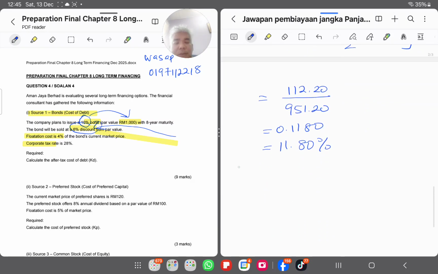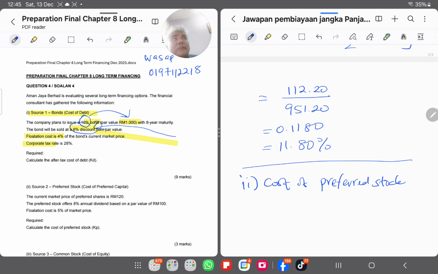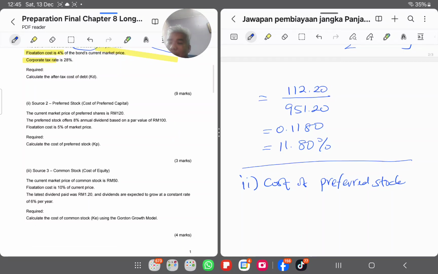And then we proceed to cost of preferred stock. Cost of preferred stock you need to calculate from these questions.